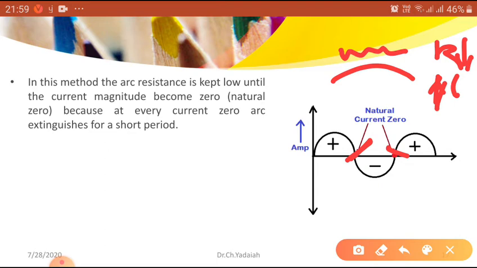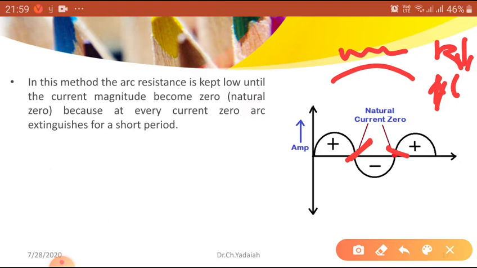At the zero position we have to wait. Once it crosses the zero position, it will wait for a few microseconds. That duration we have to utilize to nullify it, to quench it. The medium, whether air or oil, between the contacts contains ionized particles, so it has a smaller dielectric strength.